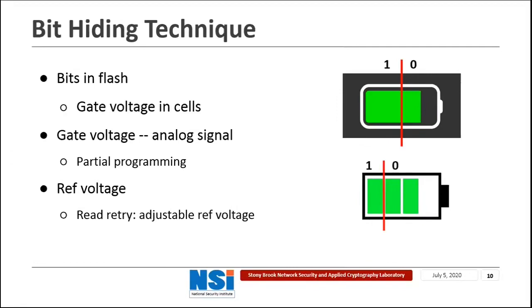Of course, we can decrease the reference voltage so that this cell stores a bit 0 again. So by charging the NAND Flash cells with partial programming properly and changing the reference voltage with read-retry, we can store more than 1 bit in one NAND Flash cell, and this provides us extra storage bits in NAND Flash.